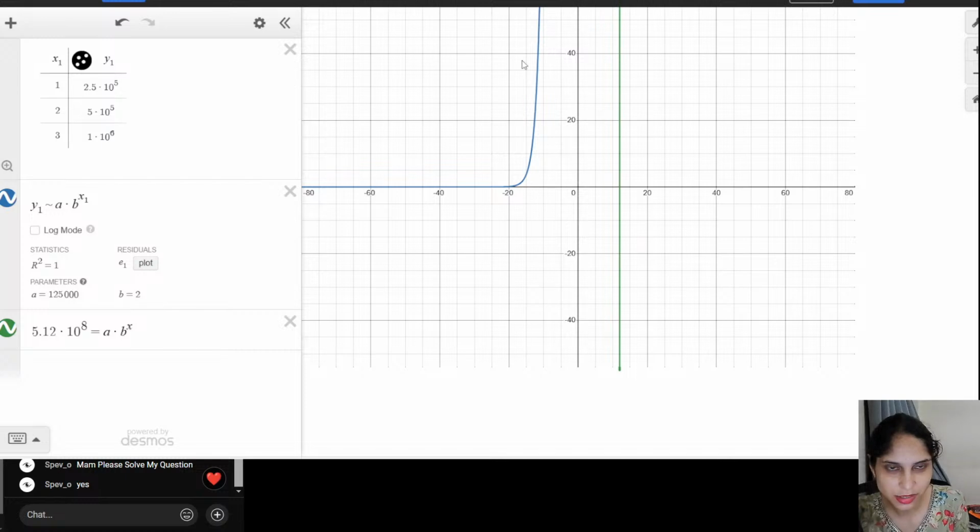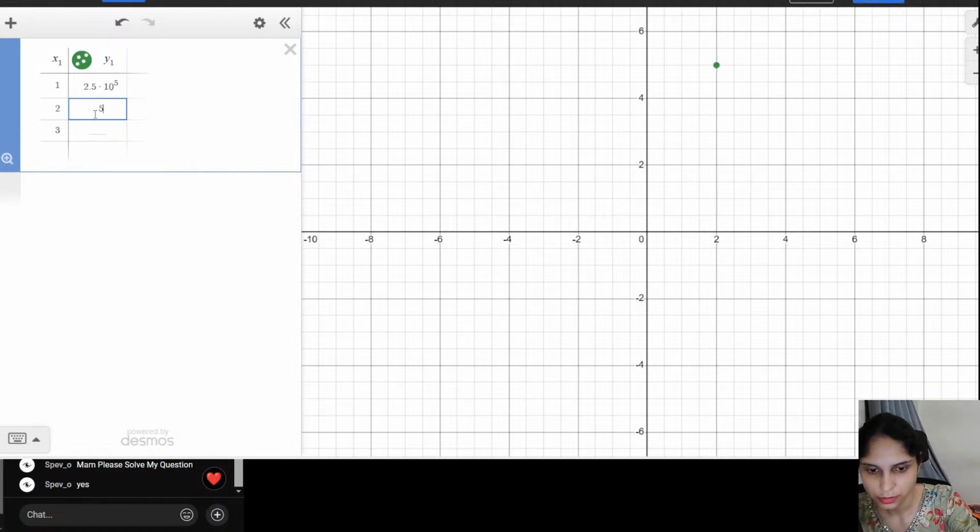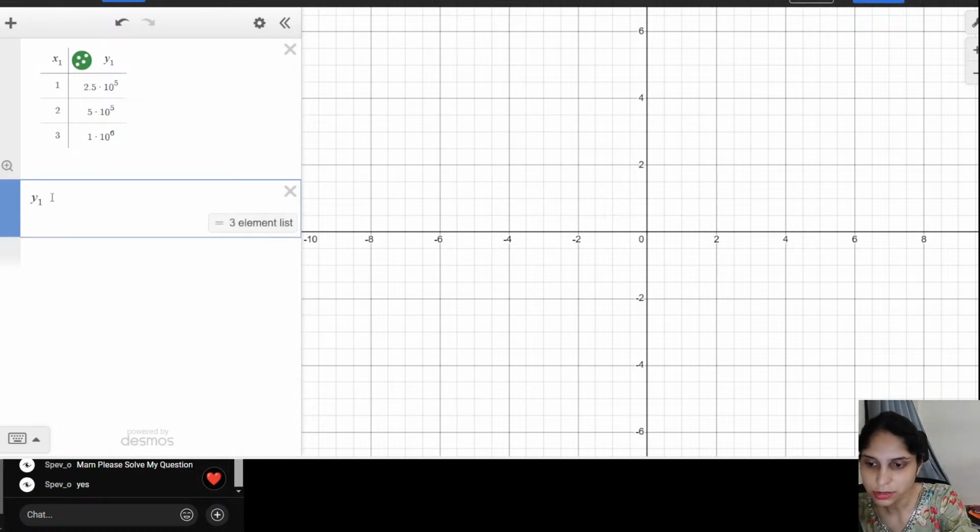So we'll do it again. No worries. 1, 2, 3. 2.5 times 10 to the power 5, 5 times 10 to the power 5, and 1 times 10 to the power 6. Then y1 tilde a times b to the power x1.